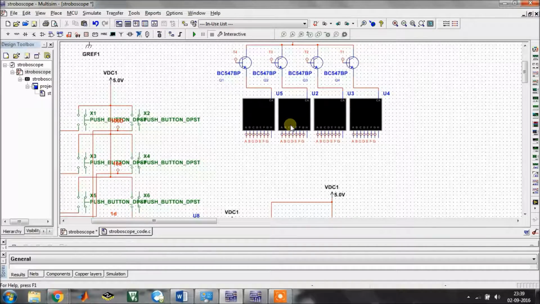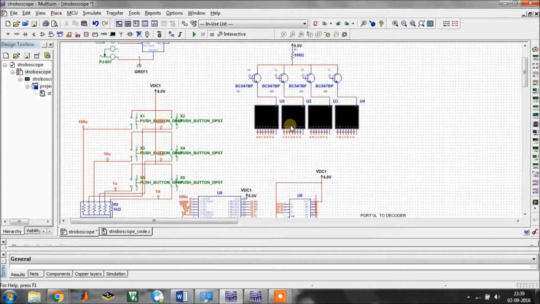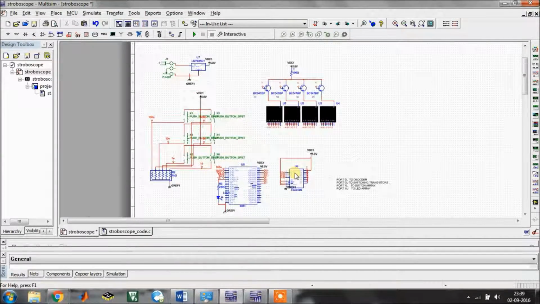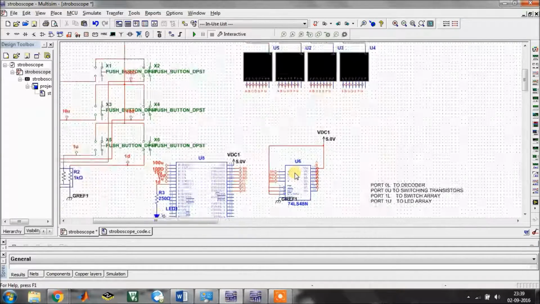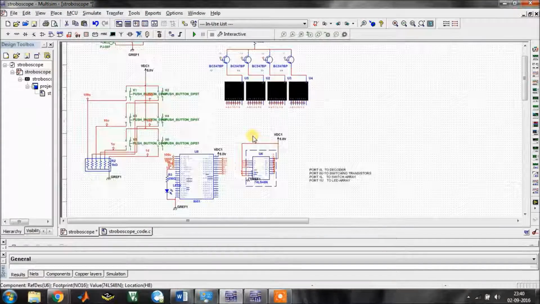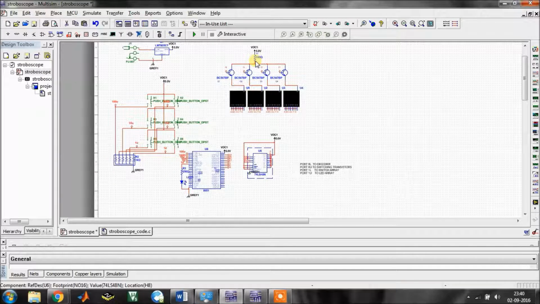This means we would have to use 4 BCD to 7-segment decoders, but that is expensive and unnecessary. So to reduce the cost, we go for just one BCD to 7-segment decoder, and we use the beauty of multiplexing.